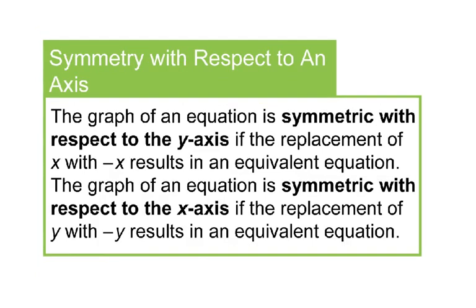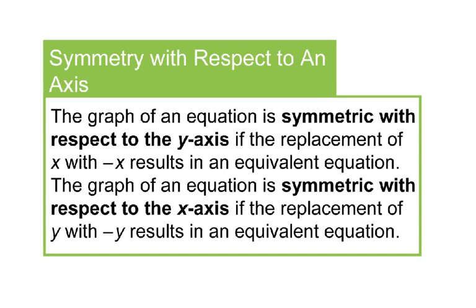To go along with reflecting across the x and y-axis, you have something called symmetry with respect to an axis, and you can have it with respect to the y-axis or the x-axis. And algebraically, this is how you would work it out.